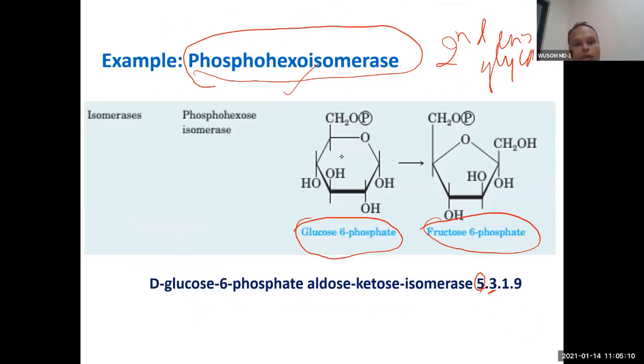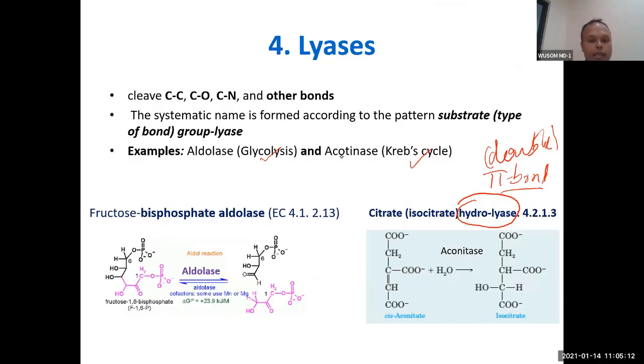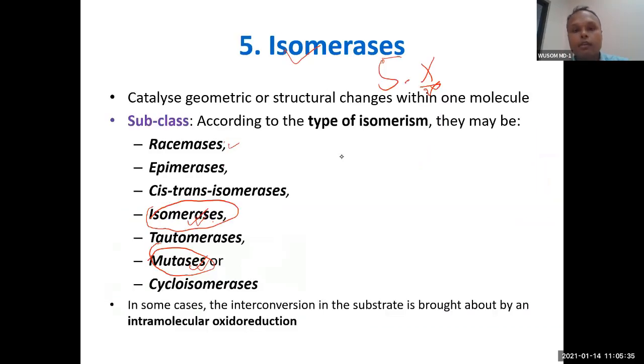I will tell you. This is a reversible reaction. If you see the reaction in this direction, it is a breaking reaction. And if you see the same reaction in the opposite direction, it seems to be a ligase type of joining of these two bonds. But you don't find ATP anywhere. No ATP, and that is why we call it lyase. Understand this very important difference.